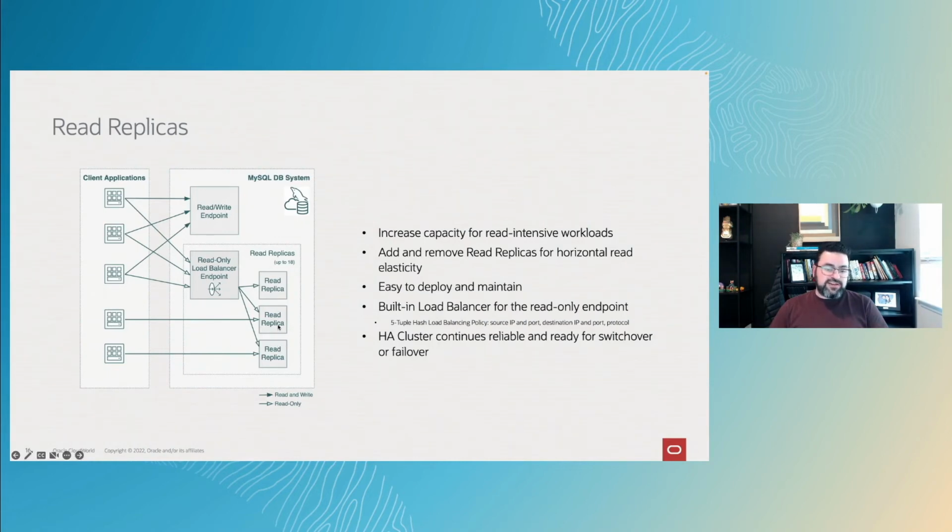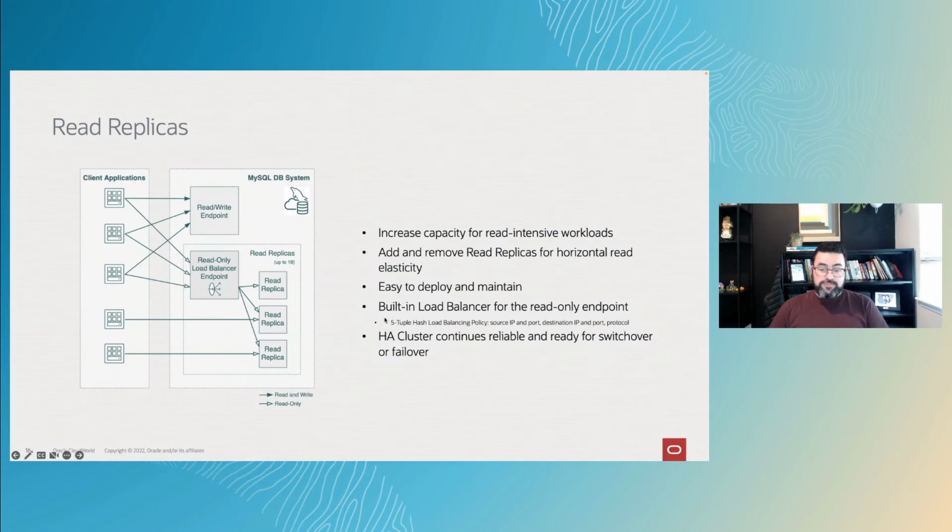You can, of course, connect directly to the replica if you want to. But what this gives you is the possibility to increase the capacity for read intensive workloads. You can add and remove replicas online for horizontal read elasticity.